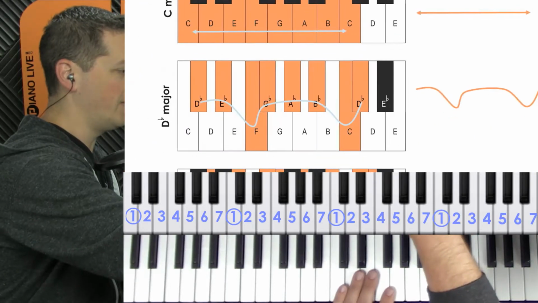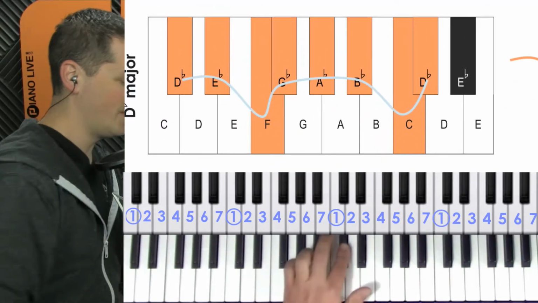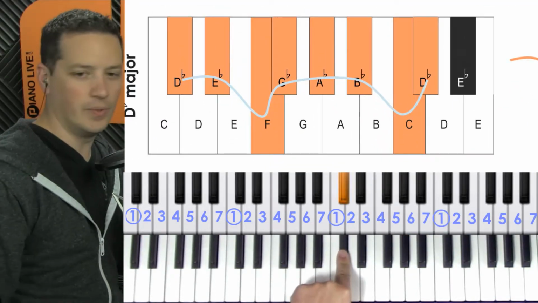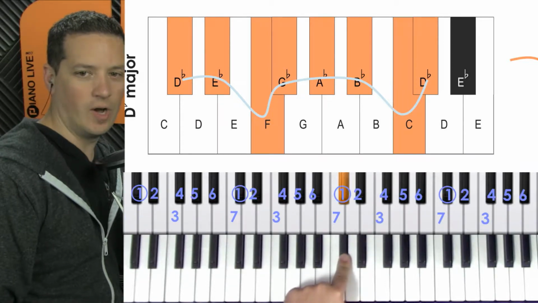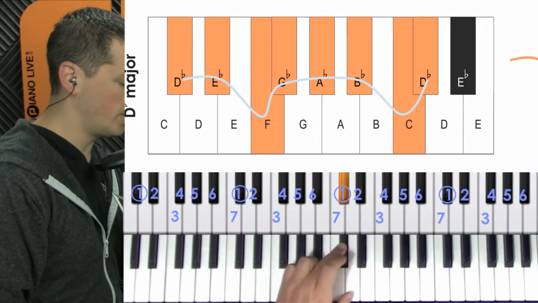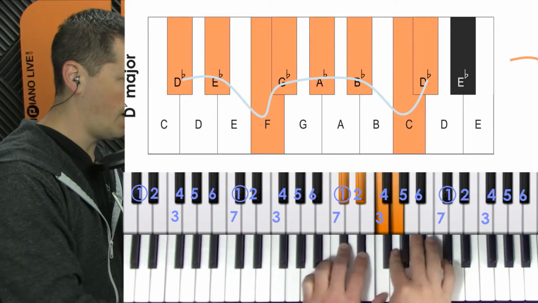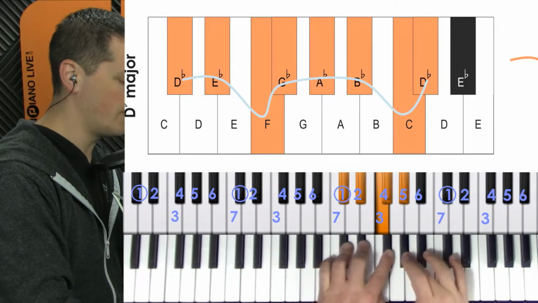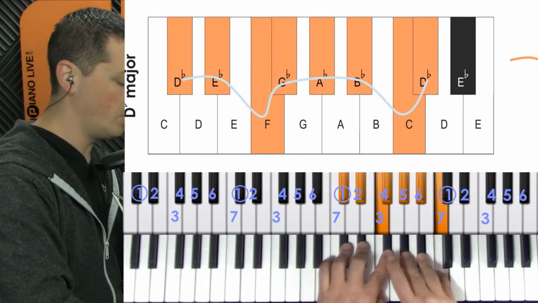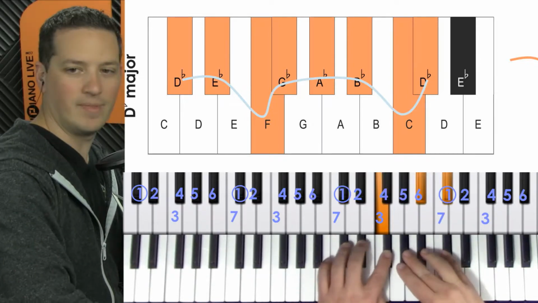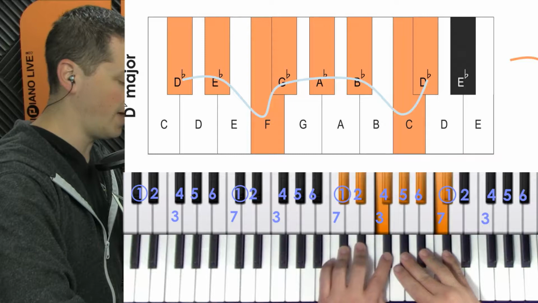But, for example, the key of D flat, now we're getting crazy. This would be a D flat, and from there, we'd go up a whole step. That's our root. Whole step, half step, whole step, whole step, whole step, half step. This is the key of D flat.